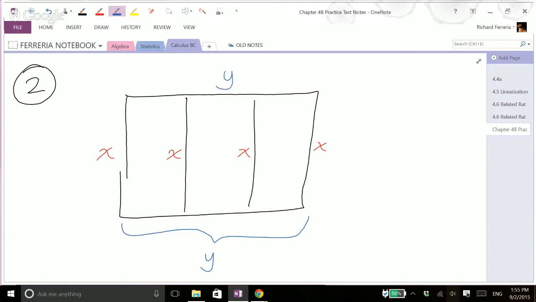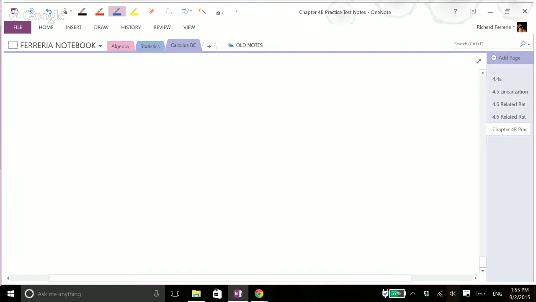If I put all the x's and all the y's together, they will add up to 1,000. Good. So you got the 4 x's plus the 2 y's. All of that added up together is 1,000.